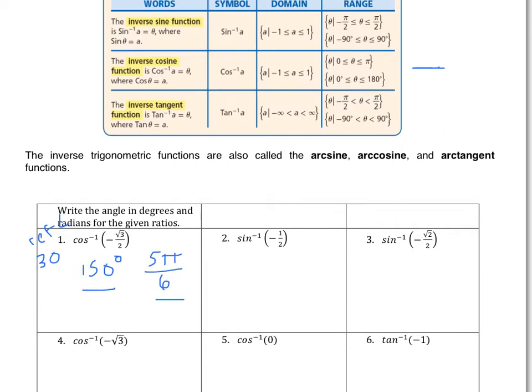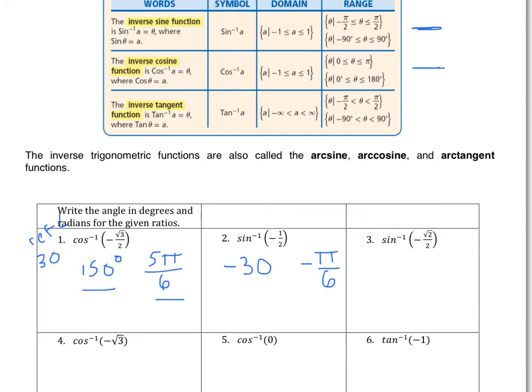If I look up here at sine, it's between negative 90 and 90. So I know it's got to go on the negative side because I have negative 1/2. So if I have an angle that's 30 and it's on the negative side, I have negative 30, and that as an angle in radians is negative pi over 6 because 180 divided by 30 is 6.